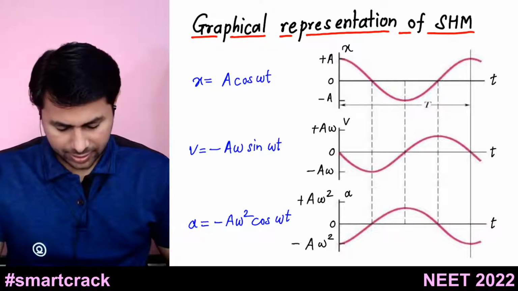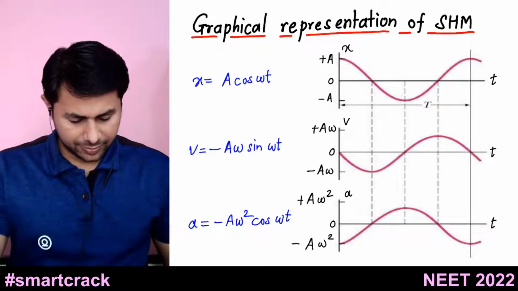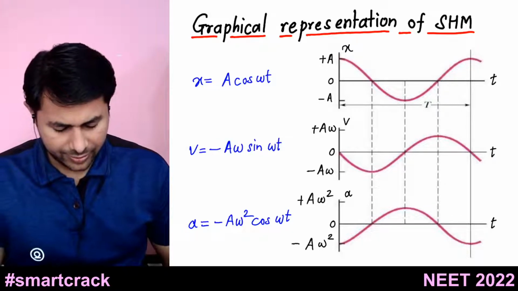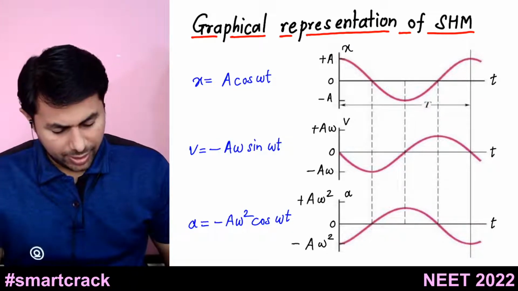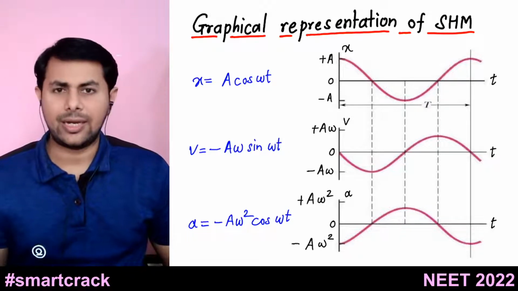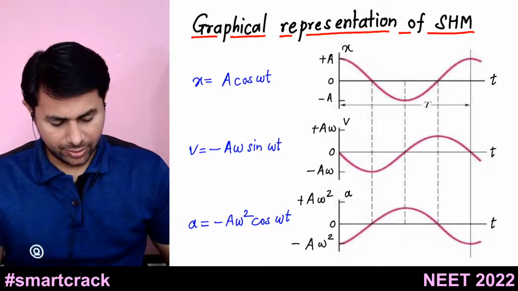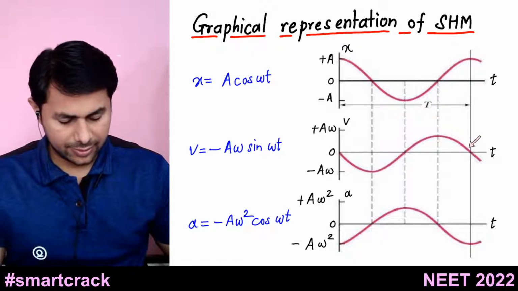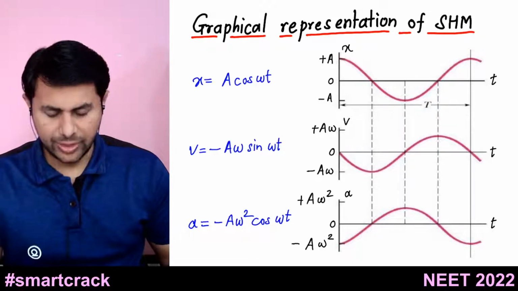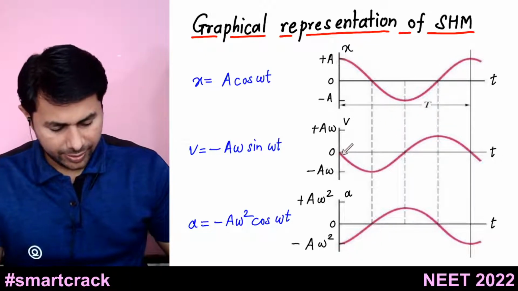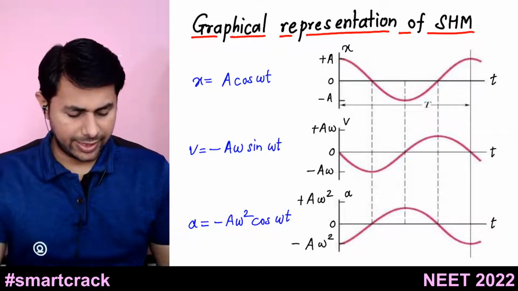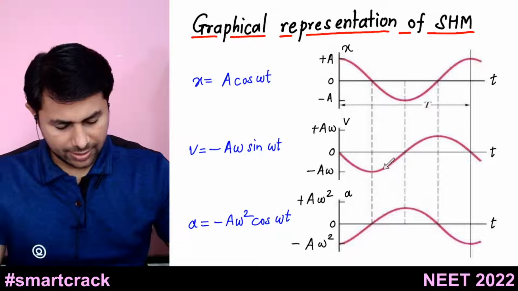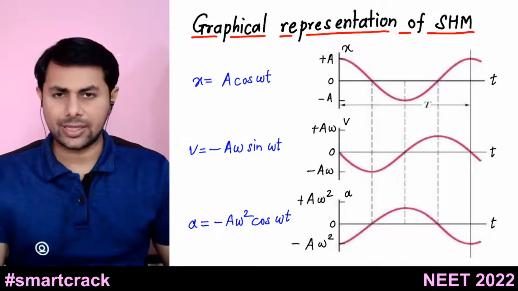Okay, so we have a negative sine over here. If you take the graph of sine, it goes like this. Okay, but since we have a negative sign, it will be reversed about this x-axis. Okay, so this is the graph of minus a omega sine omega t.